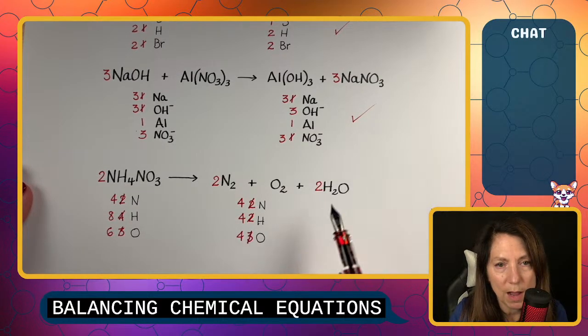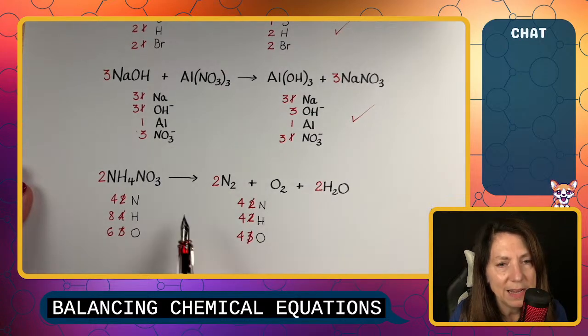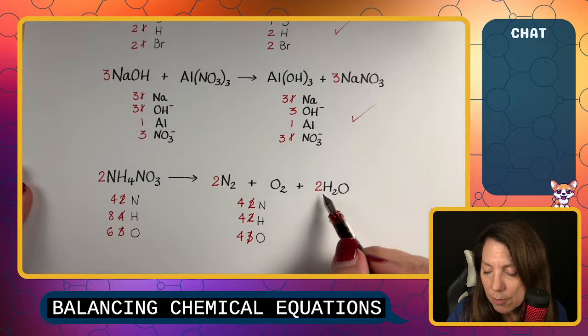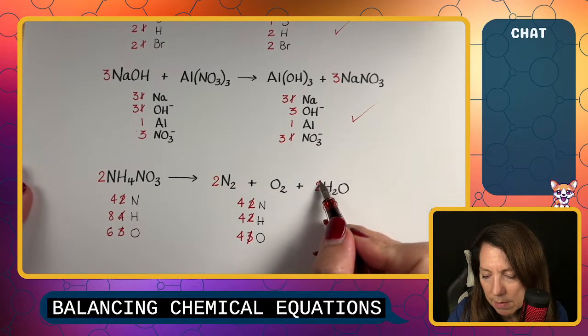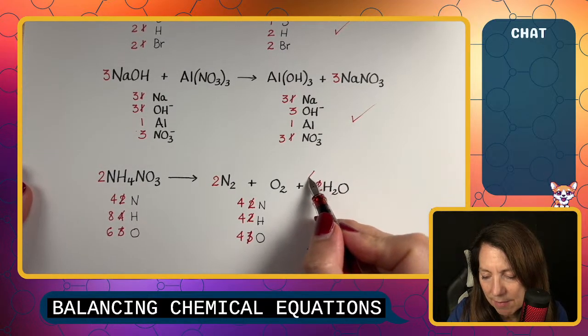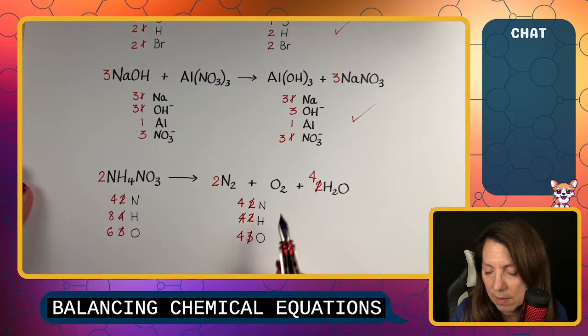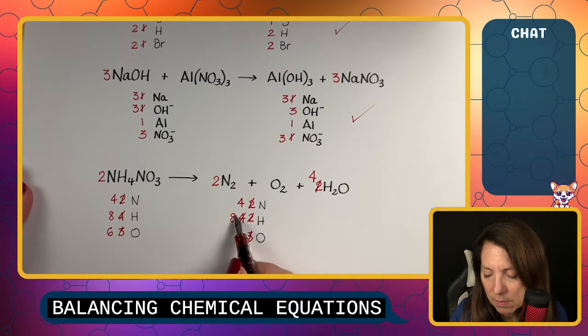We've got 4 hydrogens, but we need to have 8 on the product side for this to be balanced. Okay, so what we could do, instead of having a 2 here, we could instead have a 4. That then causes the number of hydrogens on the product side to be 8.